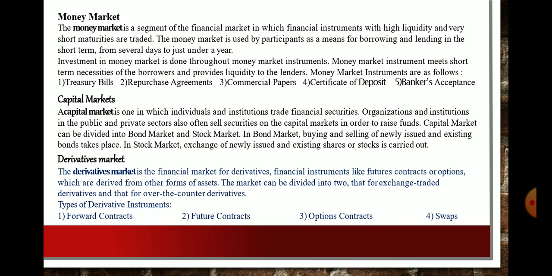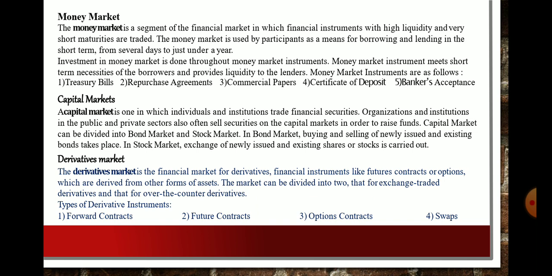Because it is for a shorter period of time, it leads to high liquidity. The money market is used by participants as a means of borrowing and lending in the short term, from several days to just under a year. Investment in the money market is done through money market instruments. Money market instruments meet the short-term necessities of the borrower and provide liquidity to the lenders. Money market instruments are as follows.